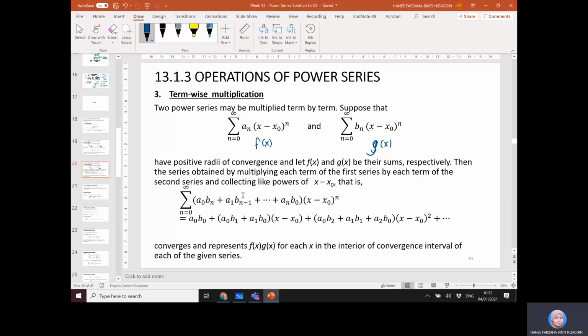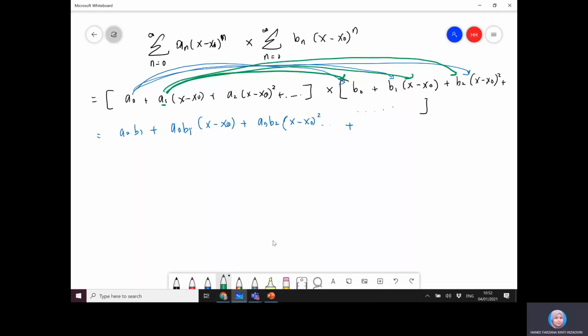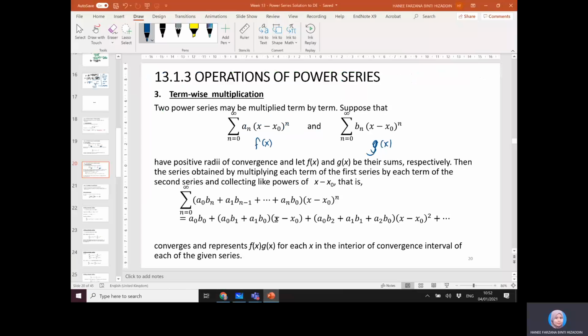So you see that when you expand this series, you get what we have been trying to work out on the whiteboard just now. This series converges and represents f(x) times g(x) for each x in the interior of the convergence interval of each of the given series.